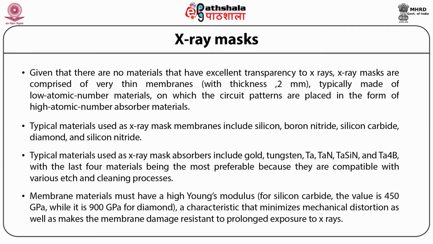Membrane materials must have a high Young's modulus, which is a characteristic that minimizes the mechanical distortion as well as makes the membrane damage resistant to prolonged exposure to X-rays.